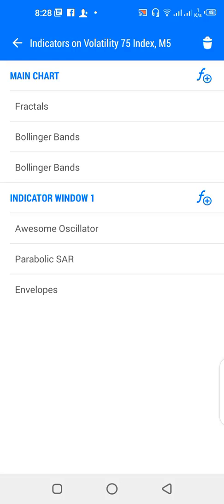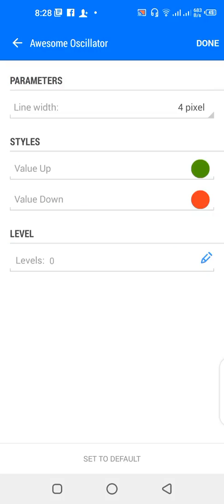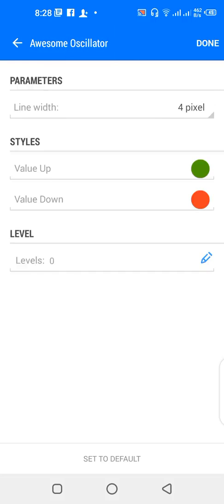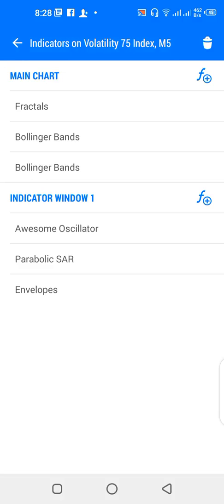For indicator window 1, we have awesome oscillator. The value up color is green, the value down color is red, and for the levels we have 0. Let's look at the parameters for parabolic SAR.